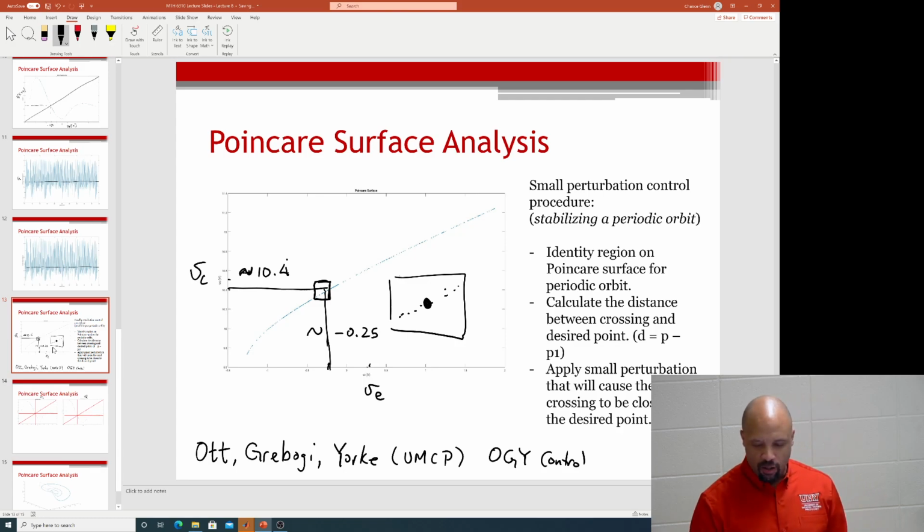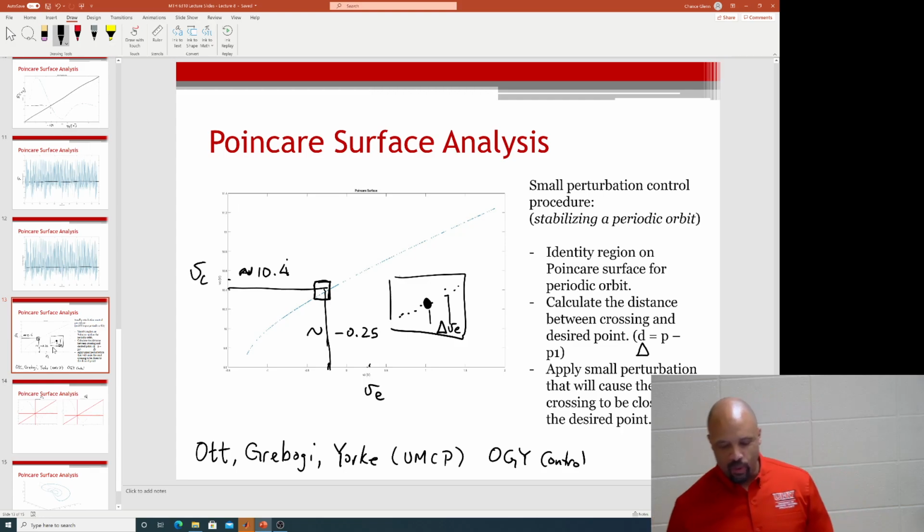When a point falls in this box or window, we ask, what is the difference between it, say in VE, and the actual fixed point? That's going to give us some delta value. I called it D here, but let's call it delta. So the actual point that crosses versus the fixed point.